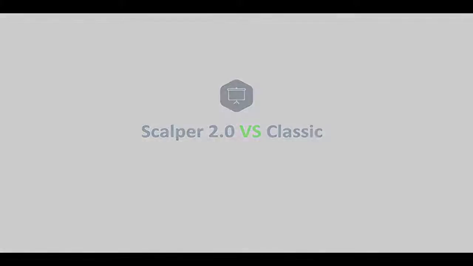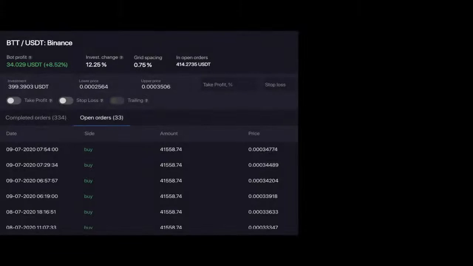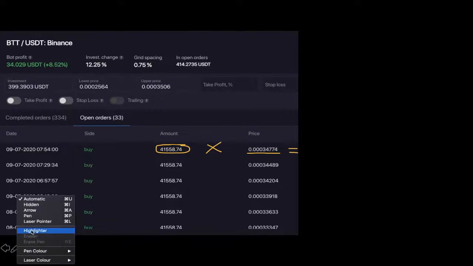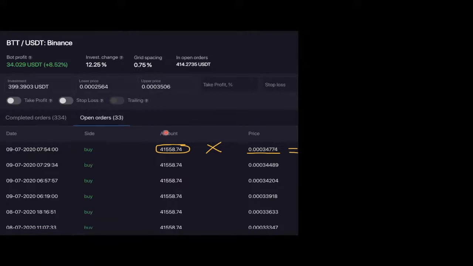In the case of the Classic bot, it buys the same amount of the base currency, and here it is. Let me use the laser pointer. See, that's the amount of the base currency that the algorithm is going to buy as soon as the market reaches a price level, which is indicated in the right corner over here.